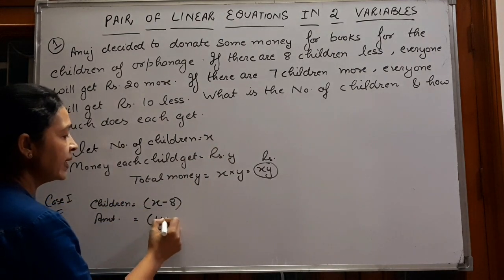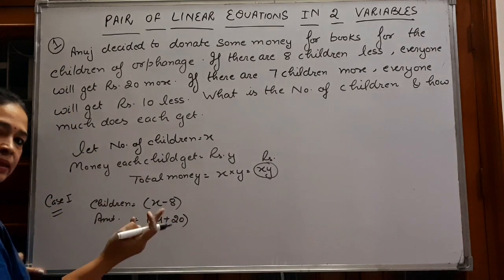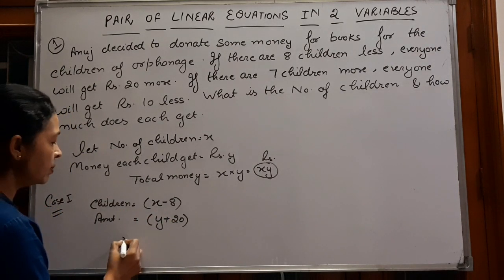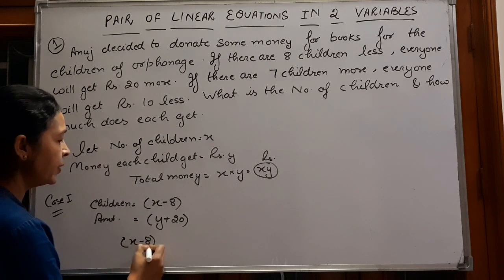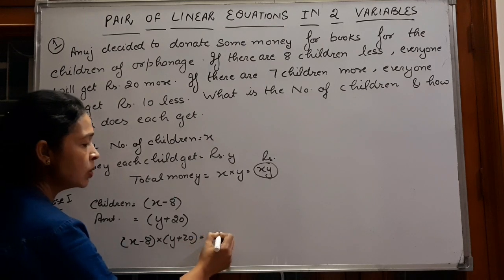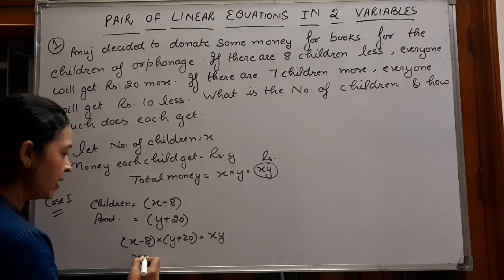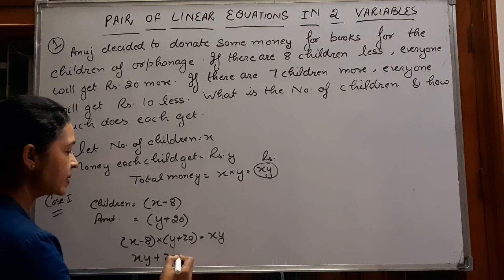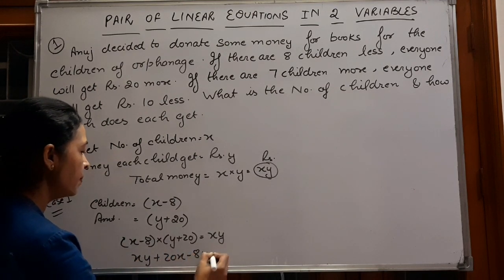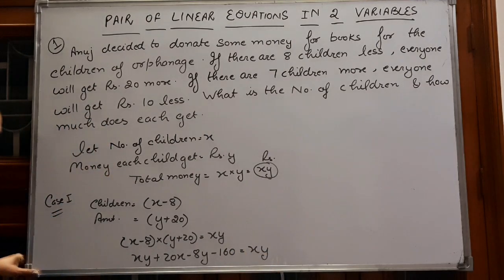Now they will get rupees Y plus 20 per child. Total money is still XY and total money will be number of children into amount each child gets, and this is equal to XY. Multiply, we have XY plus 20X minus 8Y minus 160 equals XY.